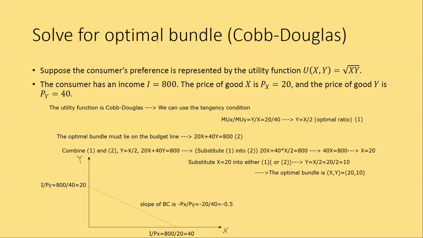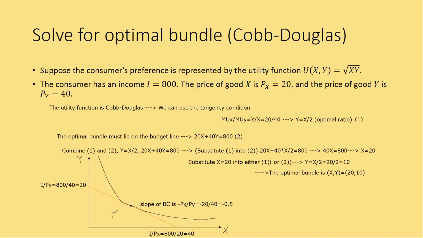Now we can draw the indifference curves. We only need to draw the indifference curve that the optimal bundle is at. The indifference curve is going to be tangent to our budget constraint at the optimal point. It's not very well drawn, but I believe you can understand what I'm trying to do. Let's say this is the optimal point here.